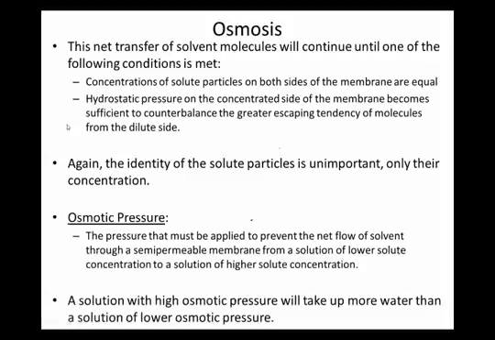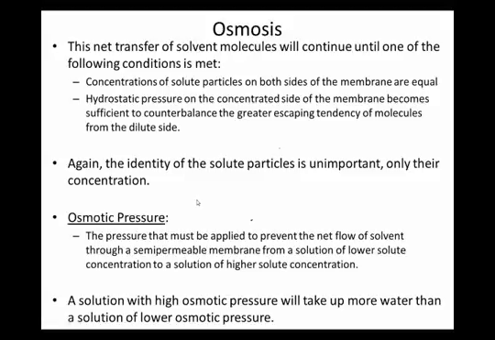Okay, so this osmotic pressure is basically describing how much the flow of water wants to go from dilute to concentrated. And it's based on the difference between the two sides. The greater the concentration differential, the greater the osmotic pressure.